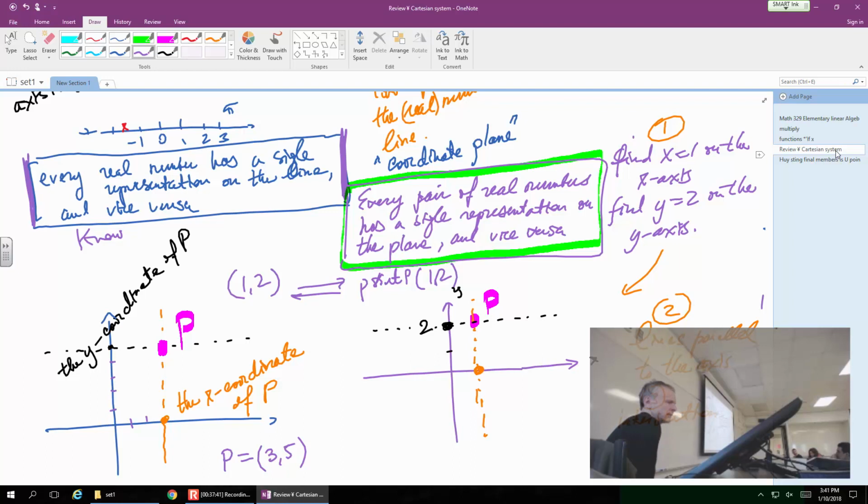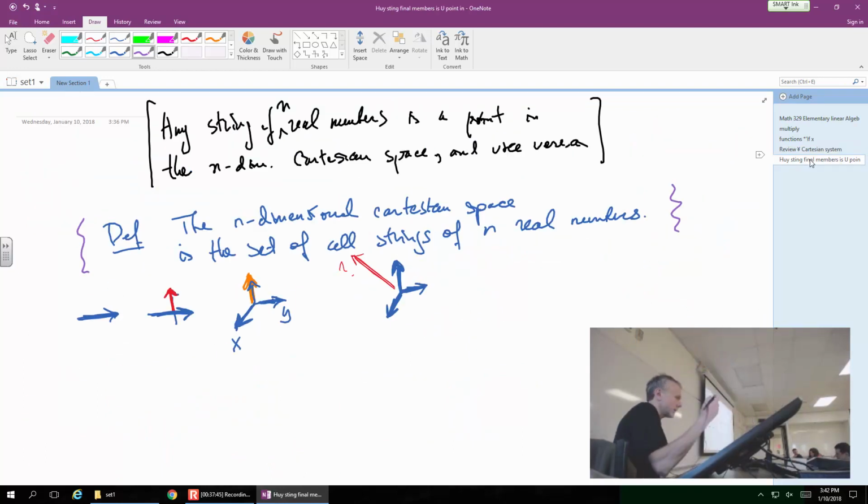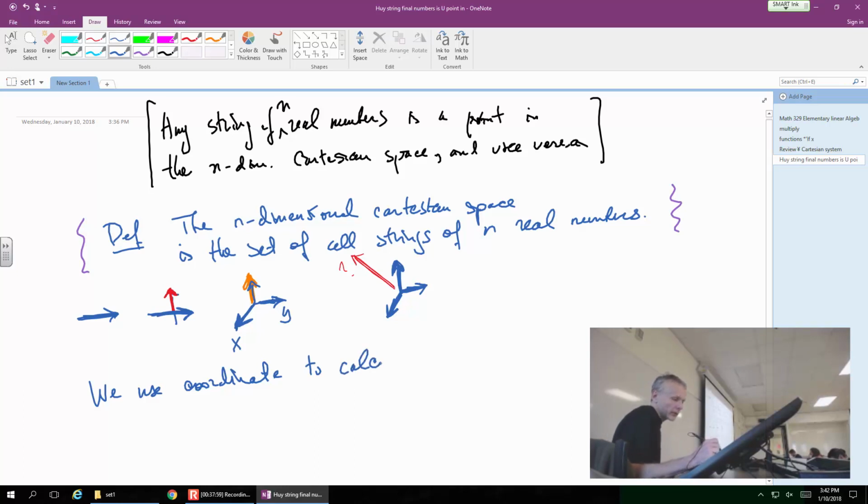There's the distance formula, that's what I'm talking about. We use coordinates to calculate distances.